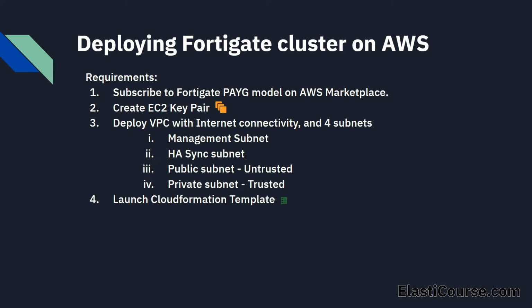Next, we will deploy our VPC with internet connectivity. We need 4 subnets to finish this cluster. First, we need a management subnet where we give unique IPs for each firewall so we can separately manage them in a cluster.